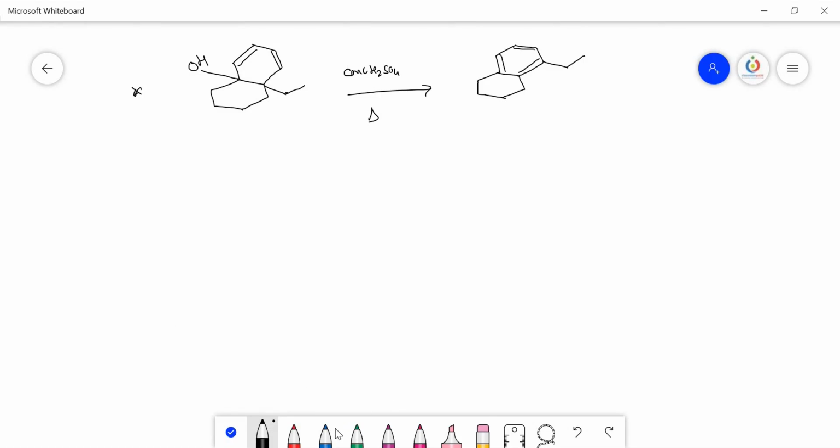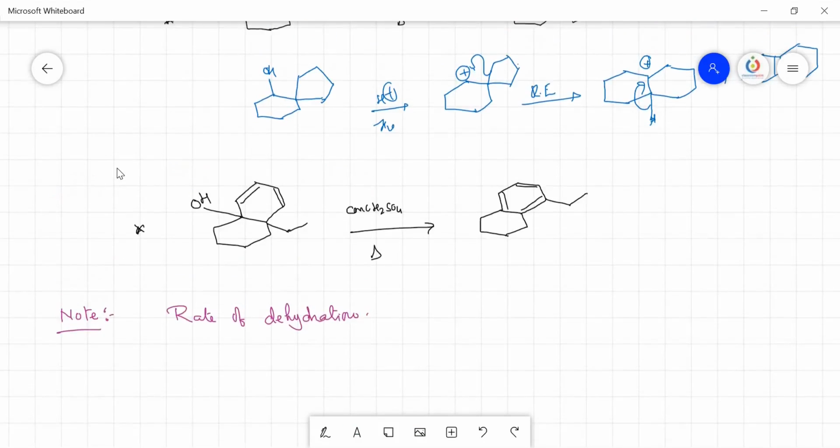And regarding the important concept, a very important concept of this E1 mechanism. Note, rate of dehydration. Rate of dehydration means which alcohols generally undergo dehydration easily.